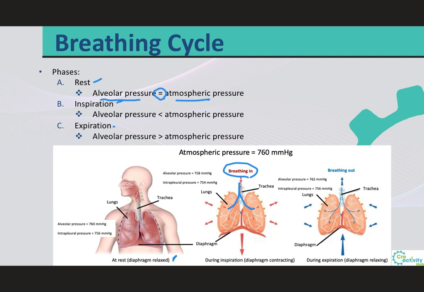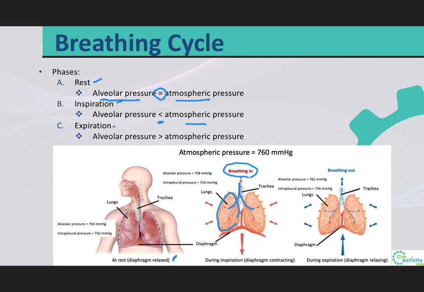The alveolar pressure must become lower than the atmospheric pressure, and this condition is achieved by increasing the volume of the lungs. Therefore, your chest will expand, and this will allow your lungs to increase in volume, and therefore this allows the air to flow into the lungs.